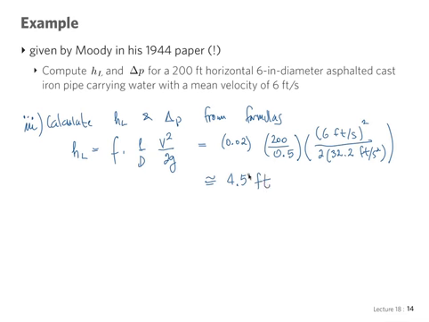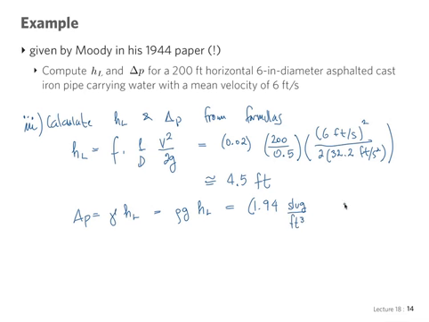That's the head loss. It must have units of length. Delta P is gamma times the head loss. We can do a shortcut. We already have the head loss, so we can get delta P easily from rho g times head loss, and that gives, it's 1.94 slug divided by feet cubed.